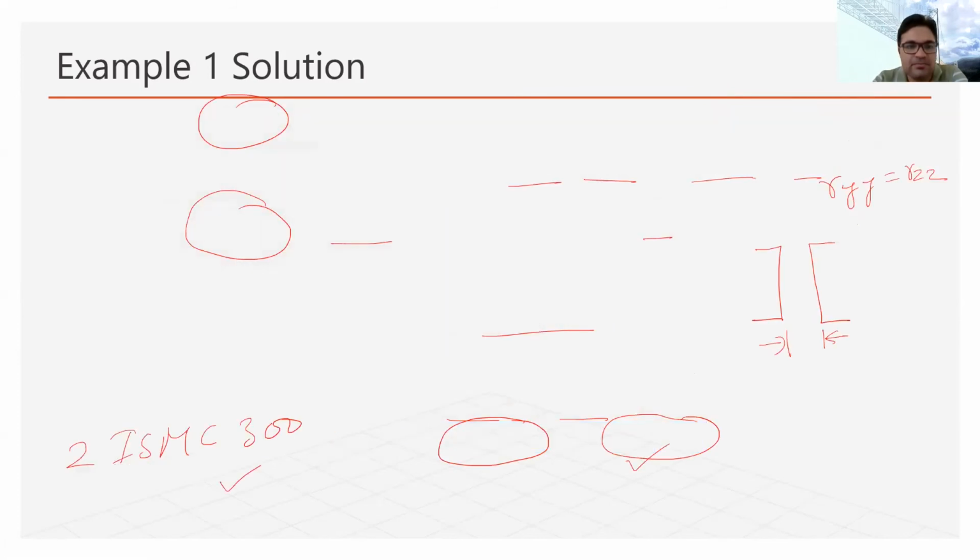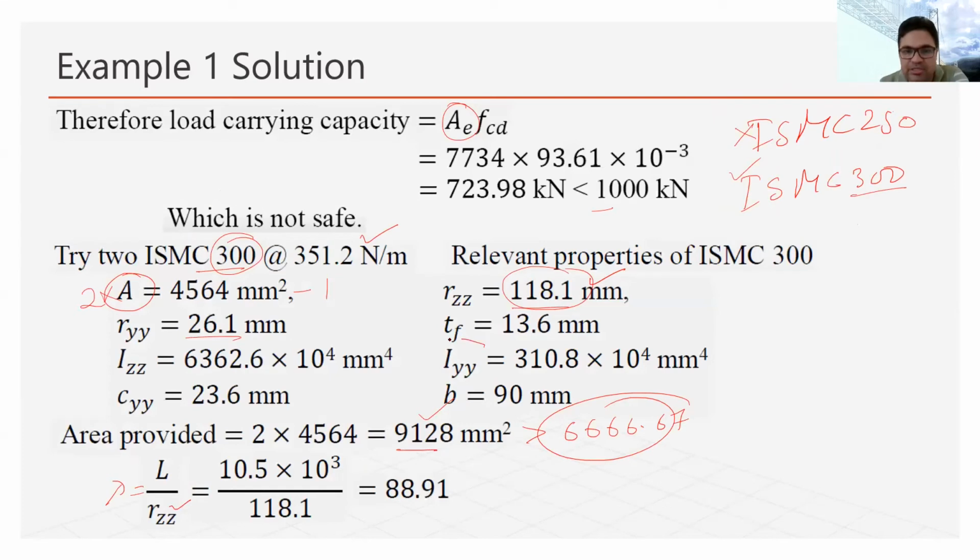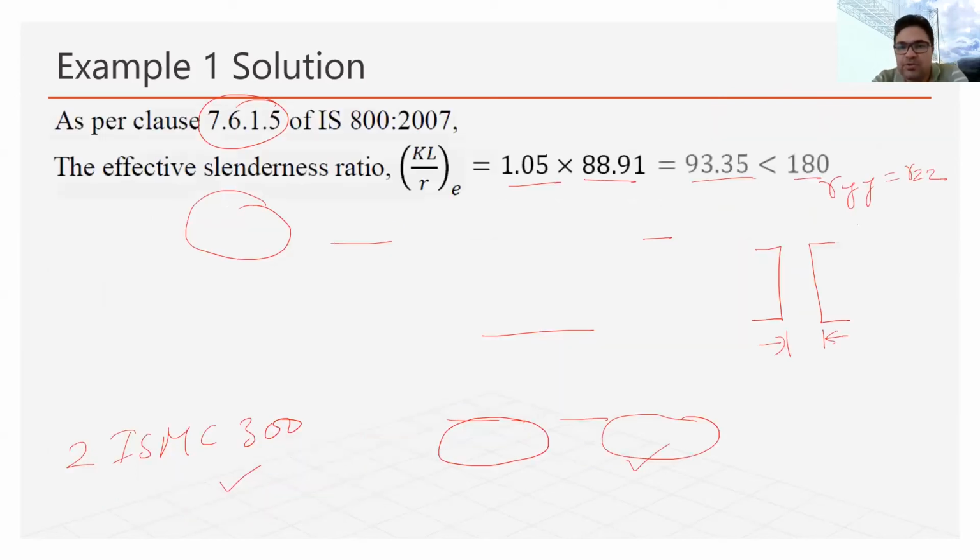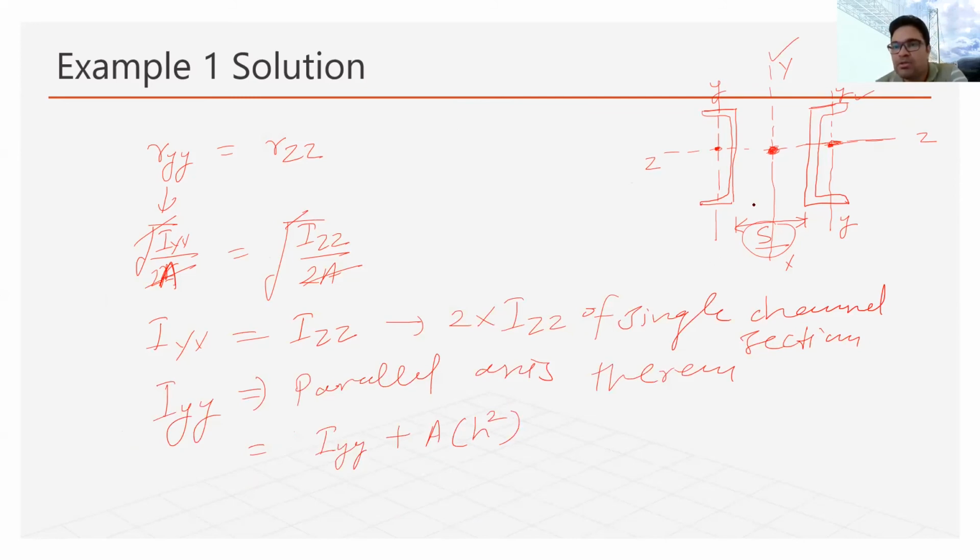This small iyy value is for the individual channel section, but I am going to find capital IYY. So this will be Iyy of the single section plus the area of cross section of the single section multiplied by h squared. So the h distance is this one.